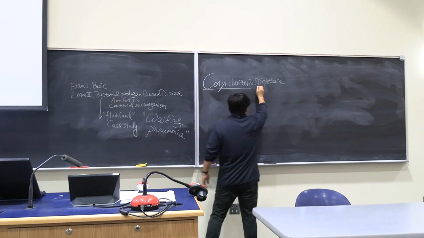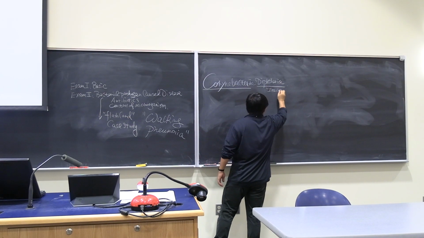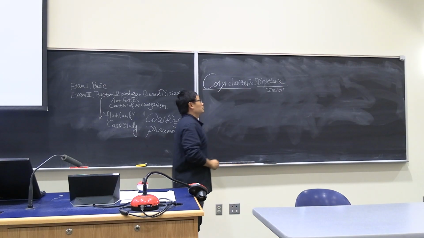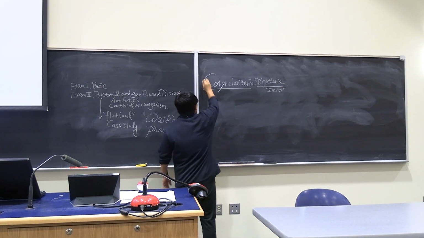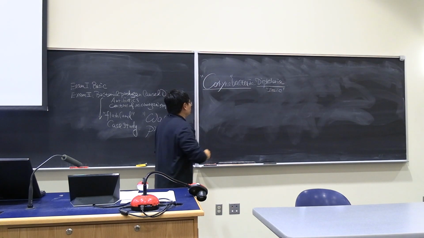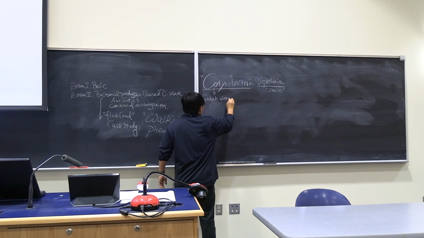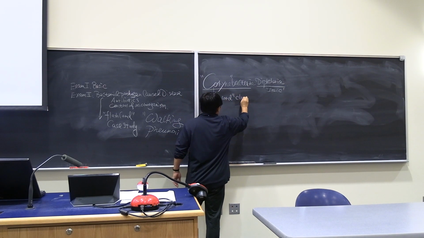The genus name and species name should be italic. So where does this come from? C-O-R-Y-N-E is coryne. This is from a Greek word meaning club.